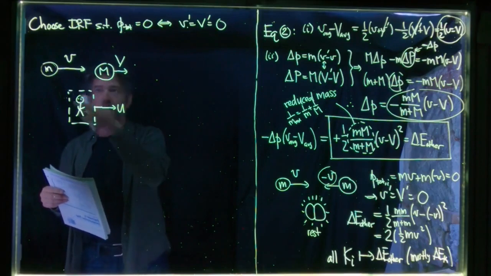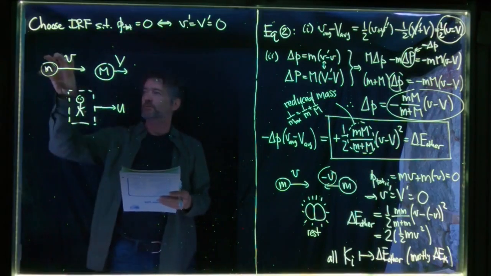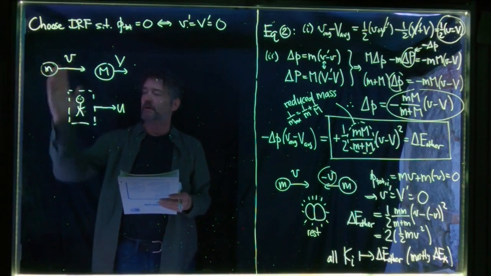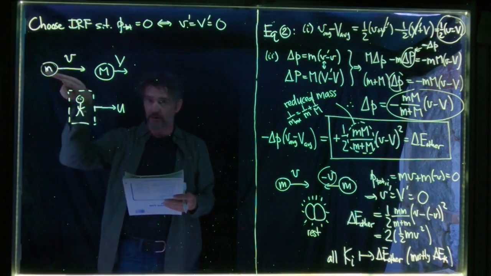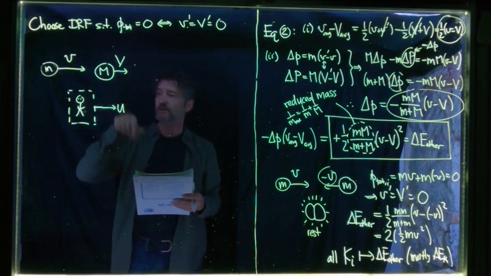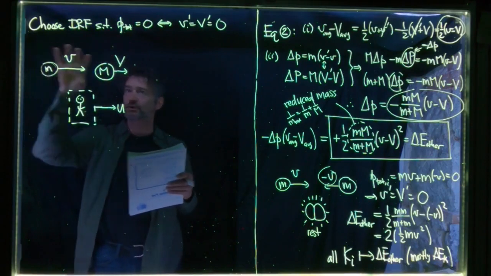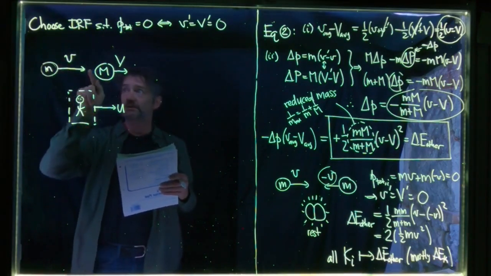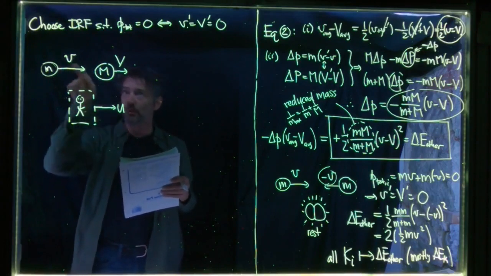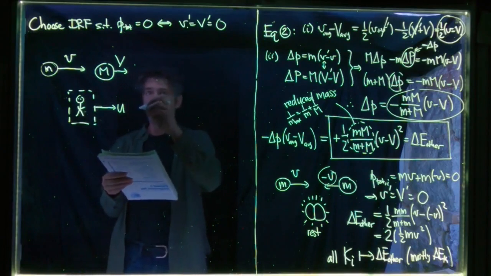Well, if this mass were at rest and this person is drifting to the right, then they will see that mass moving to the left. Similarly for the other one. So to transform from the picture in the original inertial frame to what this person sees, we just need to subtract u from both of those velocities.